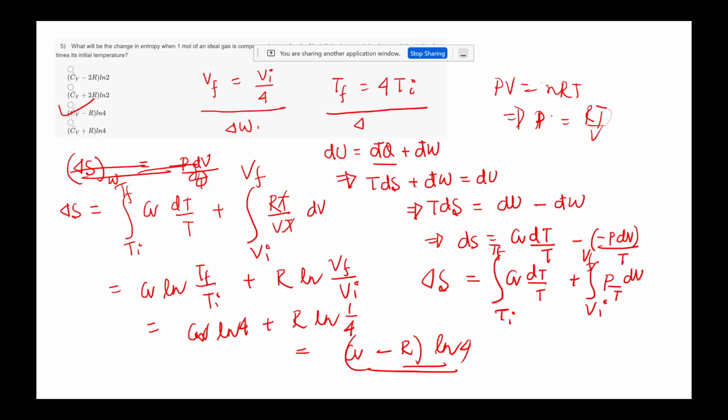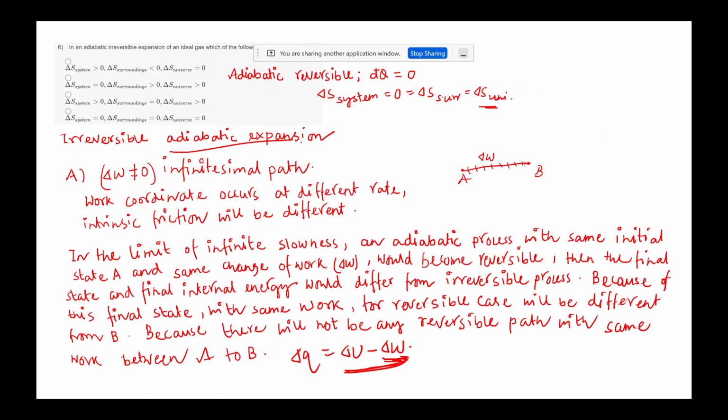Then in the fifth problem we learned about the change in entropy for different processes for ideal gases, where the temperature is increased to 4 times the initial temperature and the volume is compressed to 1/4 of the initial volume.